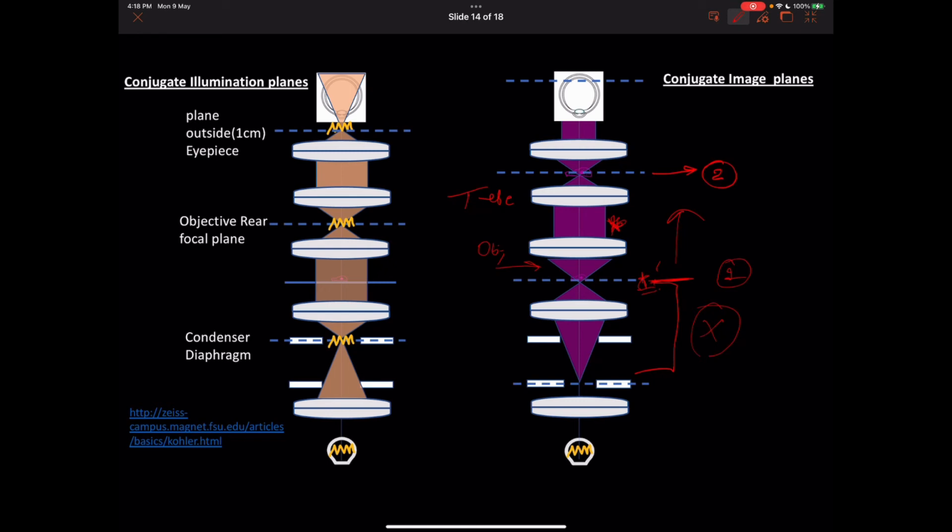Now we have a conjugate image in the sample plane itself, the intermediate image plane between the tube lens and the eyepiece, and on your retina or the camera, wherever you are installing your camera.